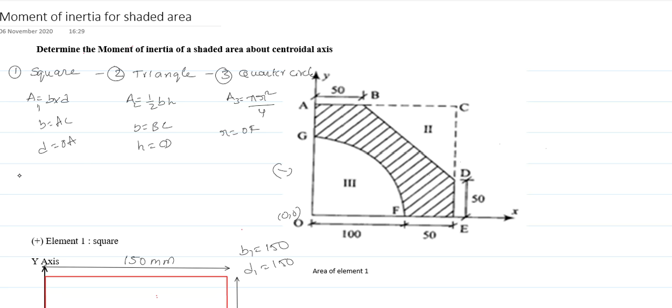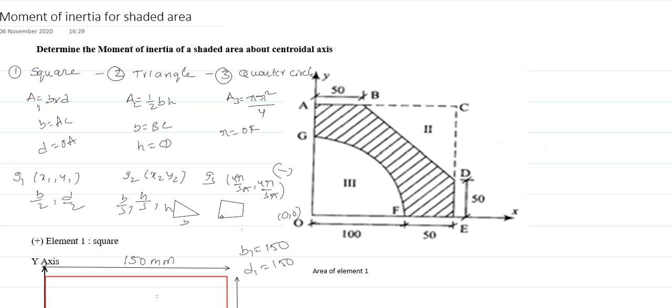Similarly, we must know the formula of centroid, that is G1, G2, G3. G1 is nothing but the center of element 1. So we know the rectangle element center x1 comma y1 is equal to b by 2 comma d by 2. Similarly, x2 comma y2 for the triangle: the centroid formula is a general formula, b by 3 comma h by 3 for any triangle of base b and height h. The centroid of the quarter circle is 4r by 3 pi comma 4r by 3 pi, where r is the radius of the quarter circle.